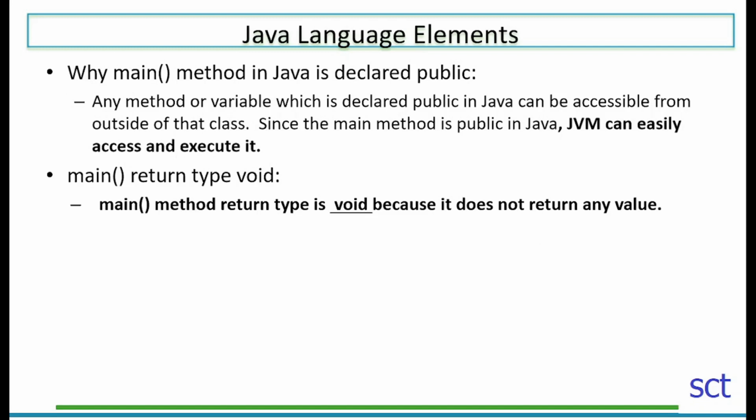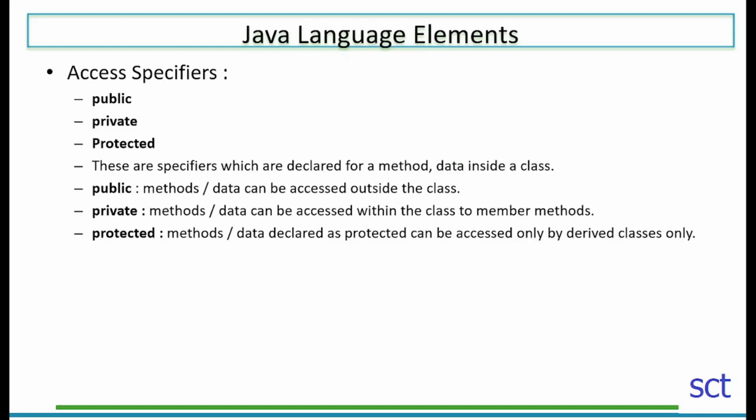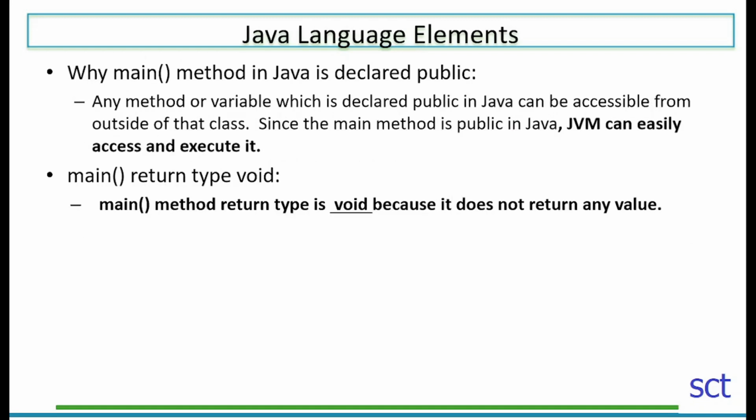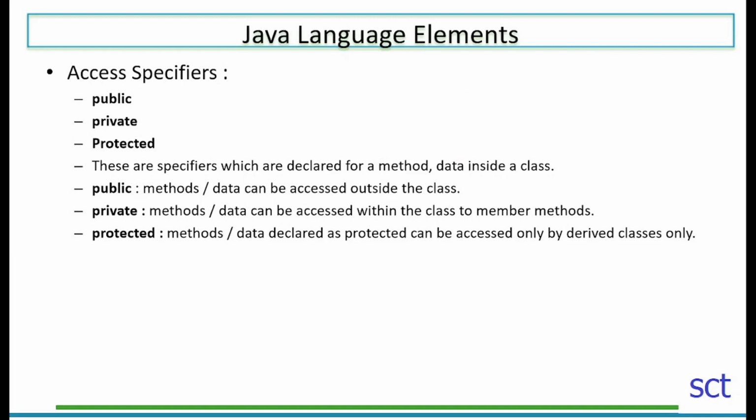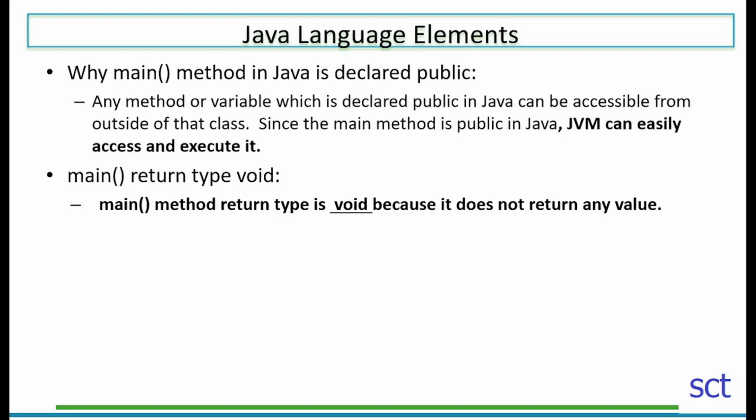Why is the main method declared as public? Since we got to know about what public, private and protected are, they are called access specifiers. Public is accessible outside the class with an object, private is not accessible outside the class, protected is basically between the class and the derived classes only. So now I am using this public when I am declaring the main function.